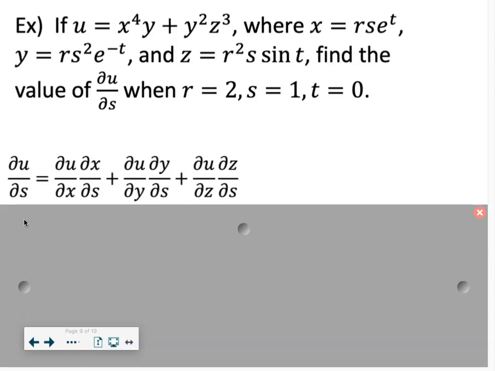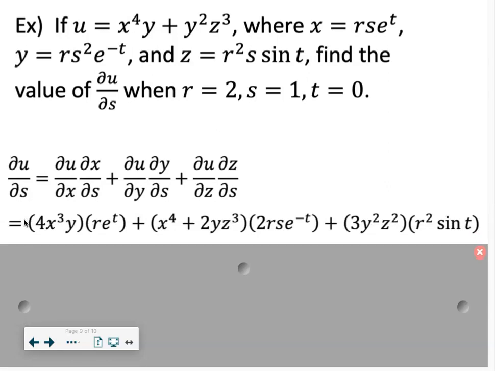I look at my u, and for each variable that you have, you're going to have a term in here, right? If you have 4 variables, you're going to have 4 terms. So partial u, partial x, partial s, and then the same thing with the y, and the same thing with the z. All right, then it's just a matter of crunching all the math out, finding all your partials, right?